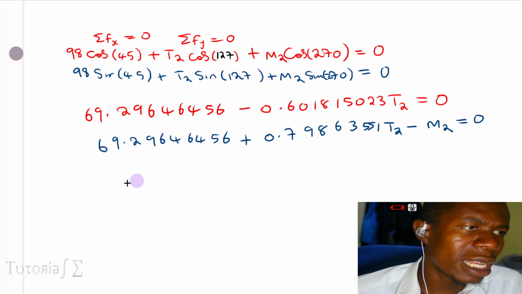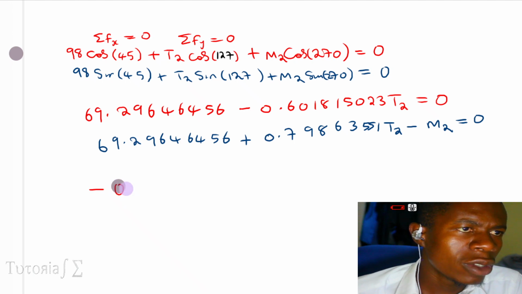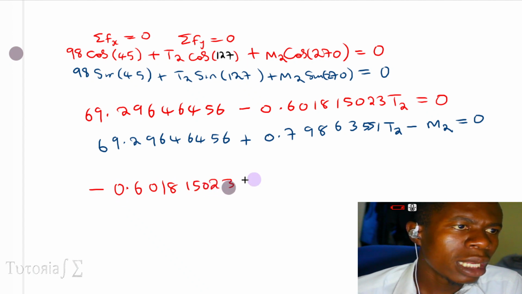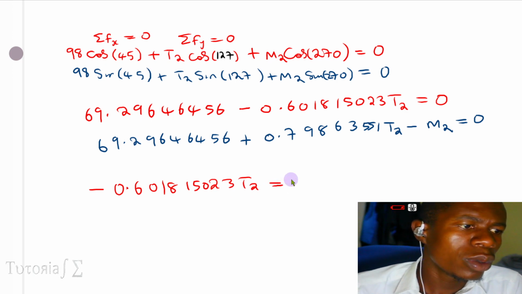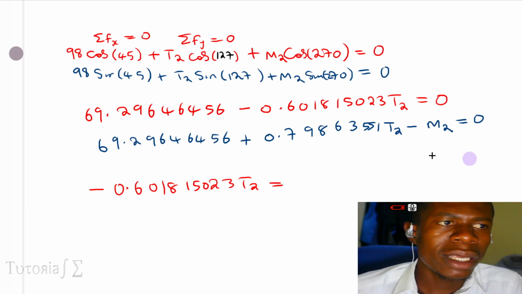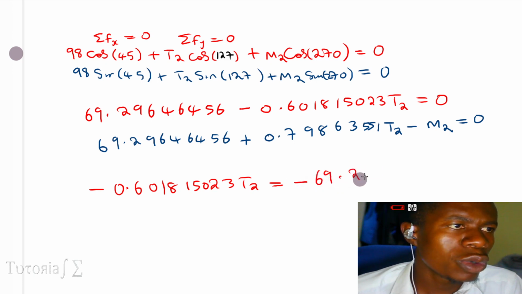So this can be written as negative 0.6018150023 T2 is equal to negative 69.2964646.